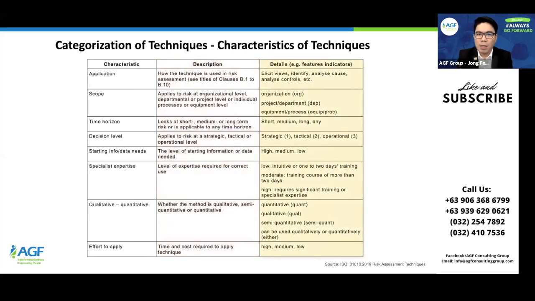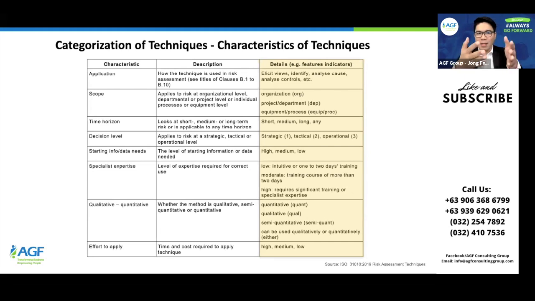So for example, is this technique going to elicit views, comments, inputs, insights from the participants? Or is this used to identify a risk? Is this used to analyze a risk or analyze the cost? Or is this technique used to analyze controls as well? Are we following?